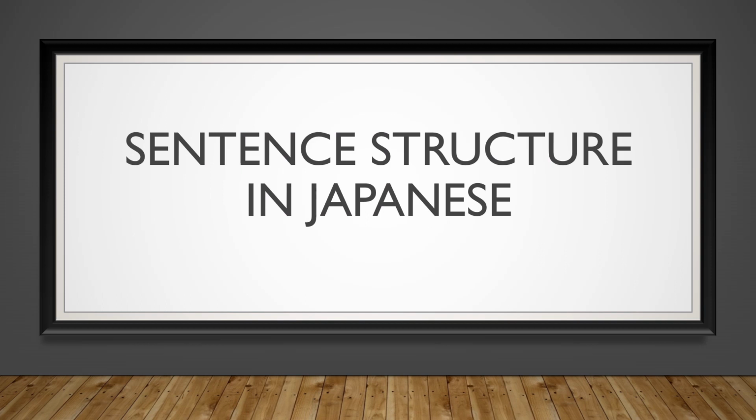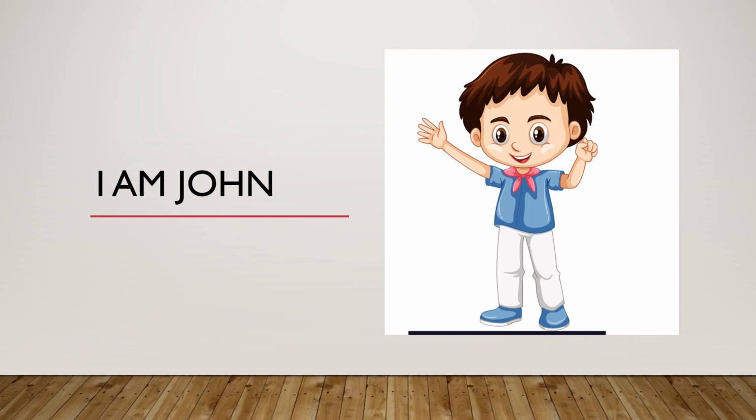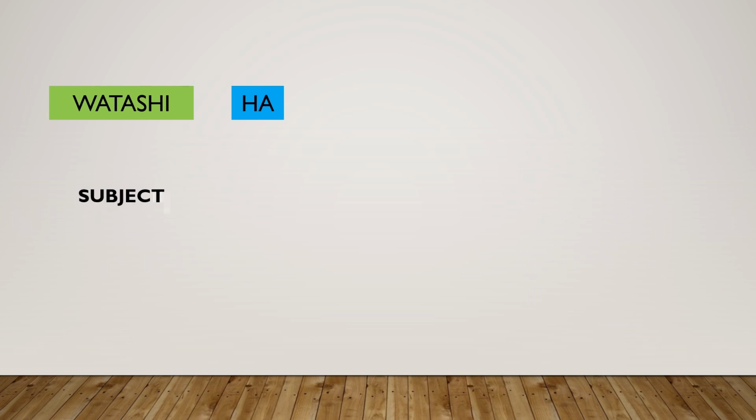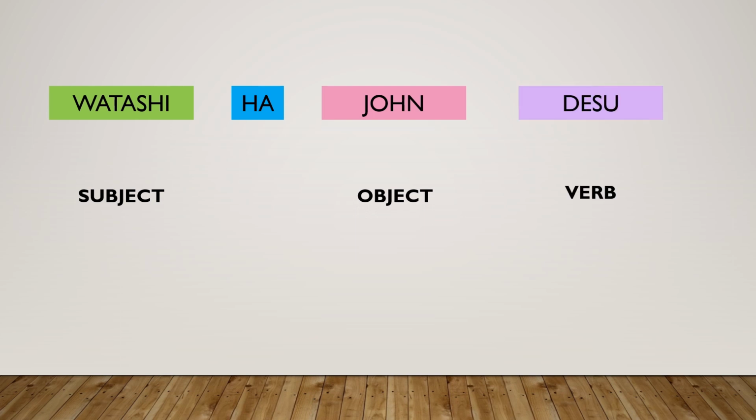So now let's have a look at the sentence that we practiced initially for English, that is I am John. How will it be placed when we want to say it in Japanese? I am John is read as Watashi wa John desu, where Watashi, that is I, is the subject, John is the object and desu is the verb.